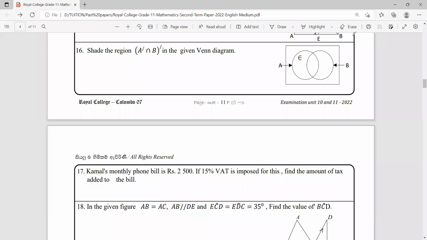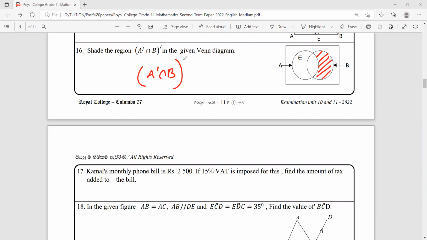And you have to shade A dash intersect B dash, right? So you can say, if you take A dash intersect B, you get something like this, and you get this part.